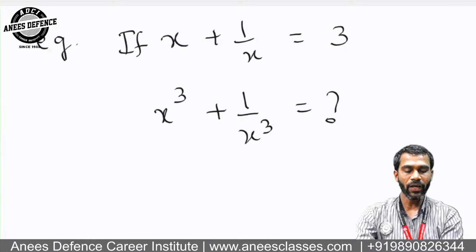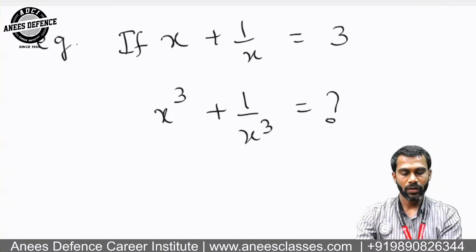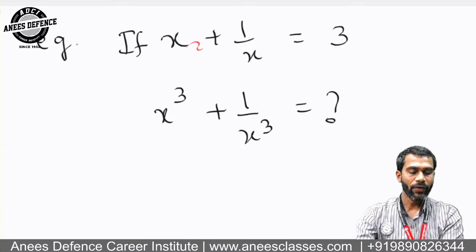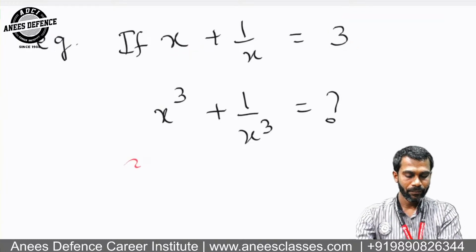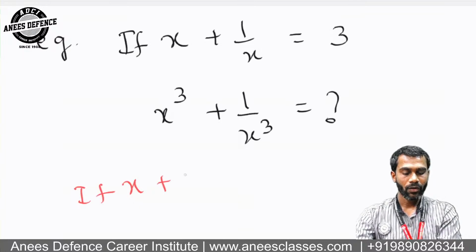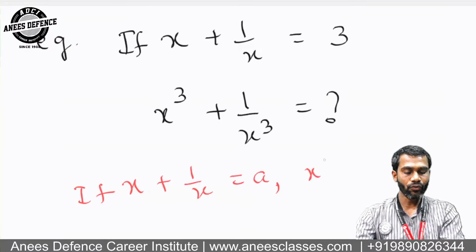So see, for this we have one shortcut. Very easy. If x plus 1 by x is equal to 3, always remember, if x plus 1 by x is equal to a, then x square plus 1 by x square is equal to a square minus 2.